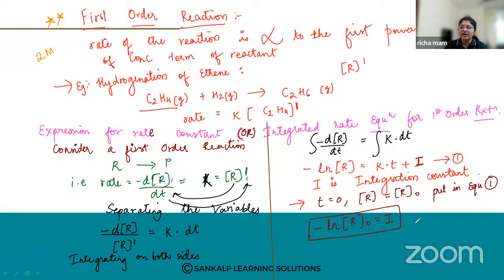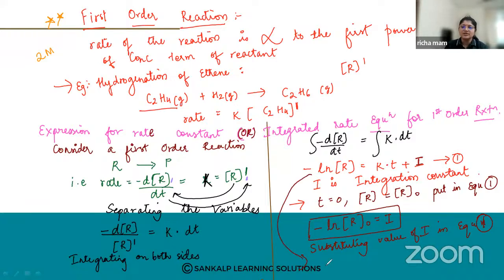So what we are doing again is substituting the value of I in equation 1. What am I going to get? There is a negative sign. Don't miss that negative sign.